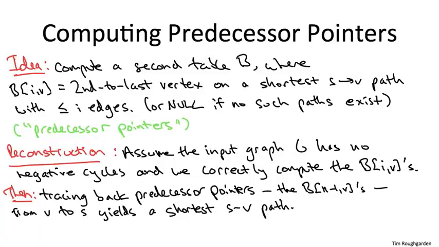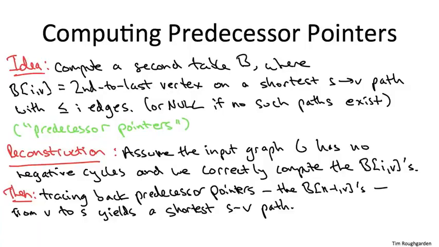Now, the other part of the correctness comes from the optimal substructure lemma. So remember, way back when we started talking about shortest paths and their optimal substructure, we said, well, if only we had a little birdie which told us what the last hop of a shortest path was, then the shortest path would just be that last hop concatenated with a shortest path from s up to the penultimate vertex w. And these predecessor pointers are exactly this little birdie.